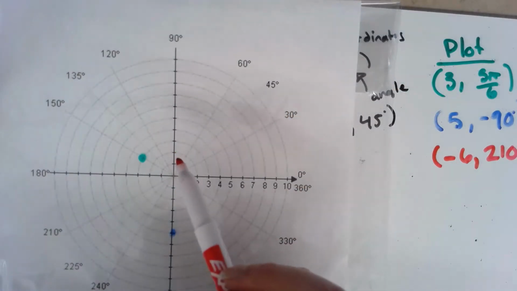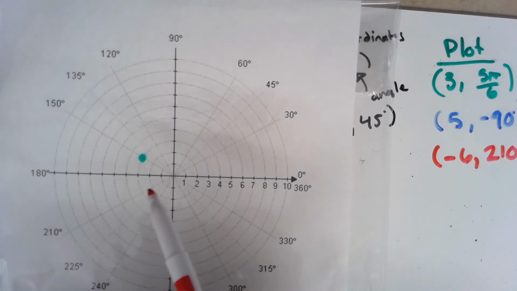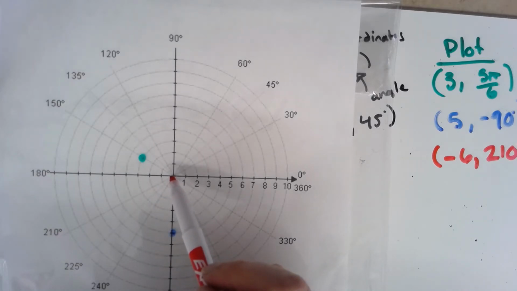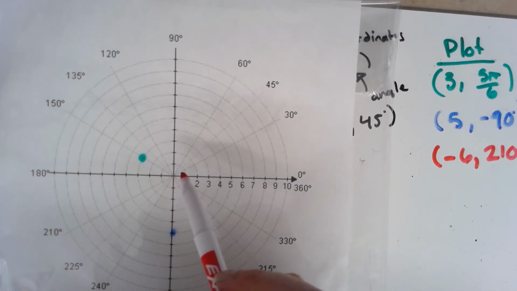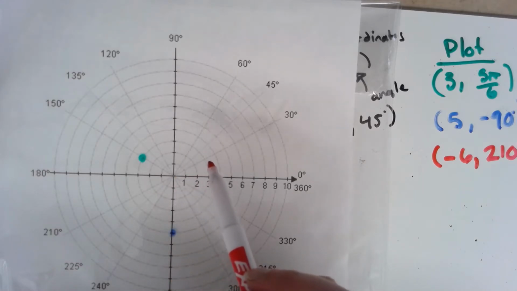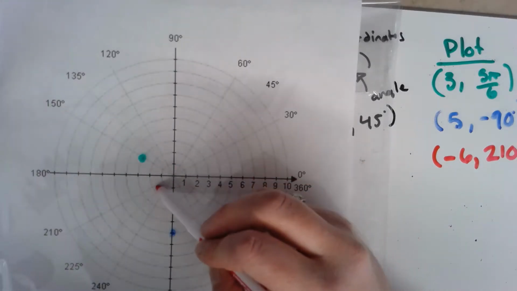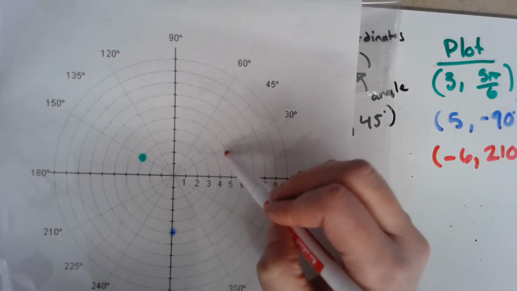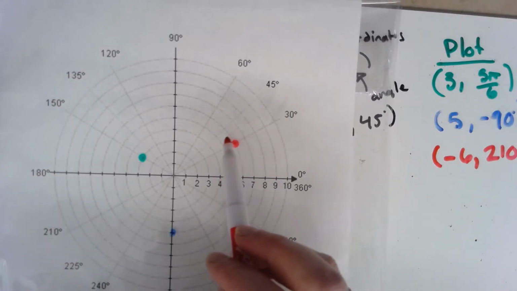But if you notice we have a negative 6, so instead of walking positive 6, we're walking backwards: 1, 2, 3, 4, 5, 6. So negative 6, 210 degrees is over here.